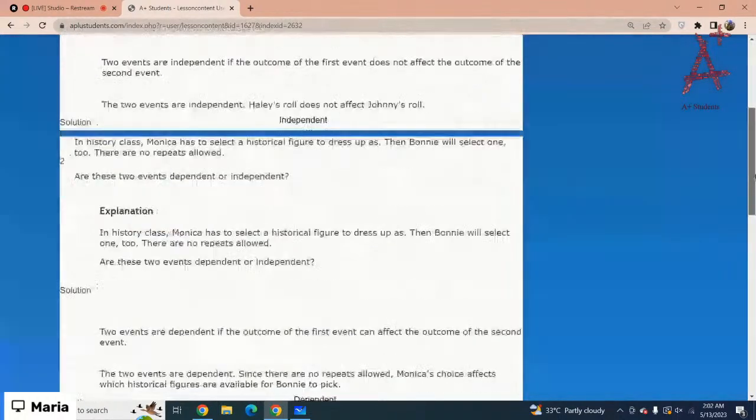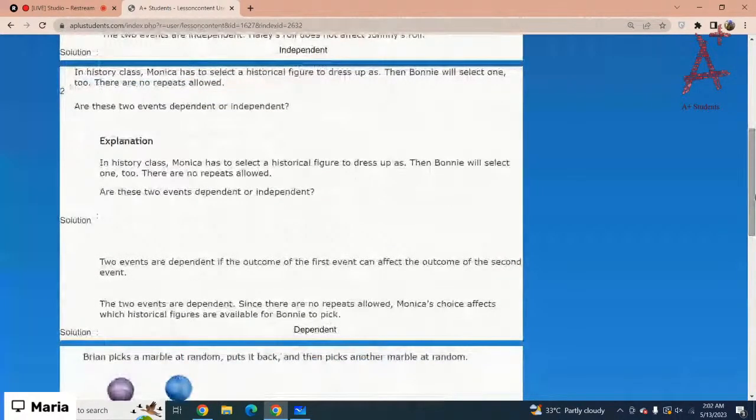Okay, look at the other example. In history class, Monica has to select a historical figure to dress up as. Then Bonnie will select one too. There are no repeats allowed. So are these two events dependent or independent? Repetitions are not allowed. For example, if Monica selected one of the historical figures, no one else can select this one.